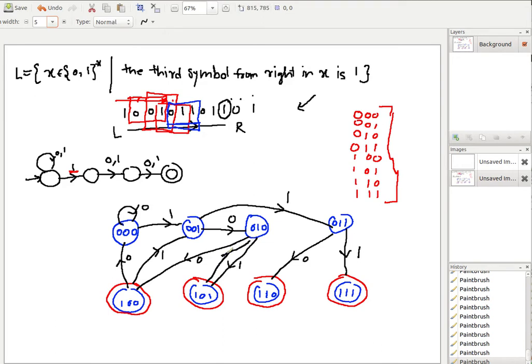So at 0 you go here, at 1 you go here. 110 at 0, where will you go? 101 at 1. 111 at 0, 111 at 1, done. So I hope it is clear to you.